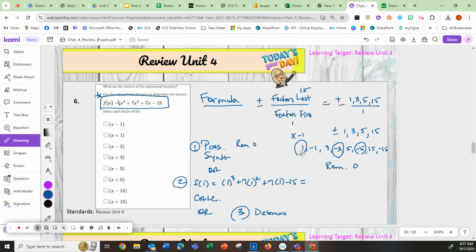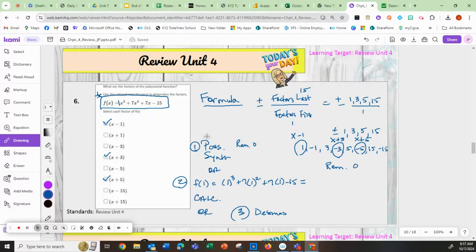To get 1 as your solution, the factor would have been x minus 1. To get negative 3, the factor would have been x plus 3. To get negative 5, the factor would have been x plus 5. So you got to go kind of backwards a step. So x minus 1 is a factor, x plus 3 is a factor, and x plus 5 is a factor.